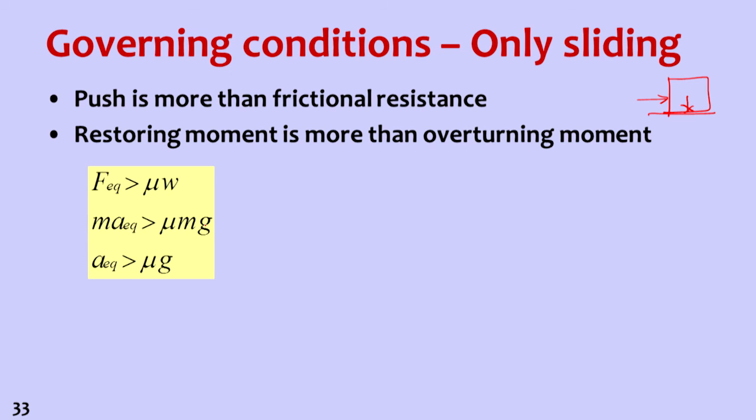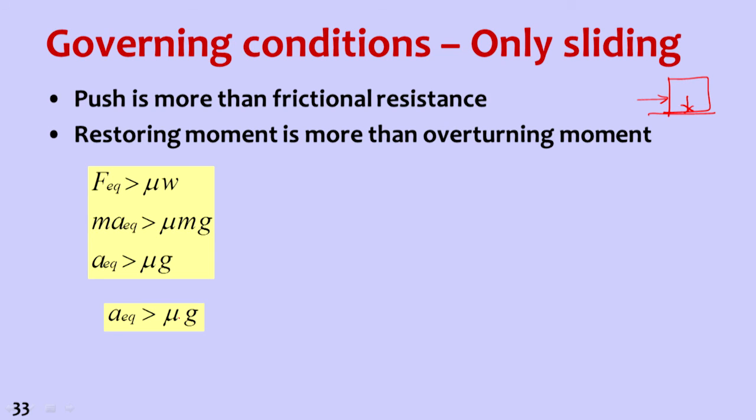Weight means again mass times gravity, so the mass of the object can be removed. If acceleration is greater than frictional resistance times gravity, it will slide. That is how this equation governs the only sliding condition. So A should be greater than mu g.